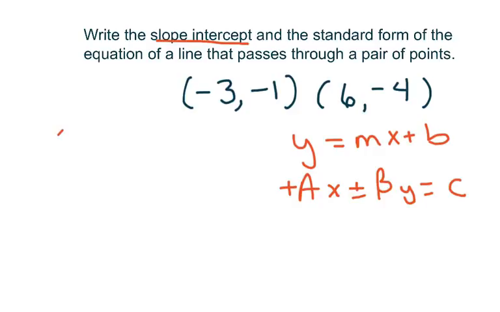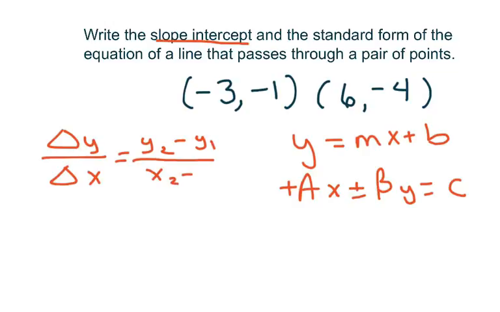And remember, the slope is the change in y over the change in x, equals y sub 2 minus y sub 1 over x sub 2 minus x sub 1. I like to label my points. This is point 1, so this is going to be x sub 1, y sub 1. And this one's going to be point 2, so this is going to be x sub 2, y sub 2.